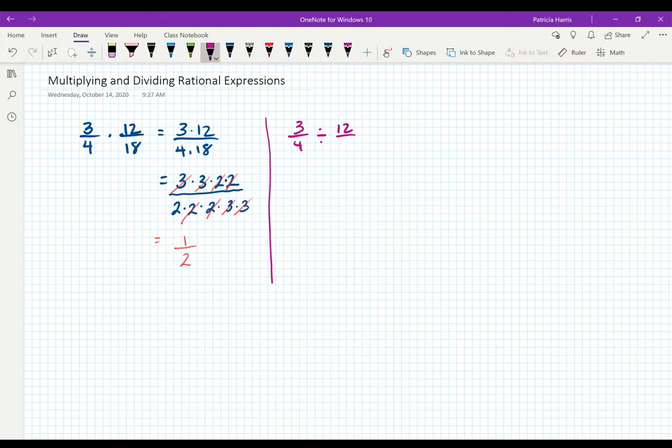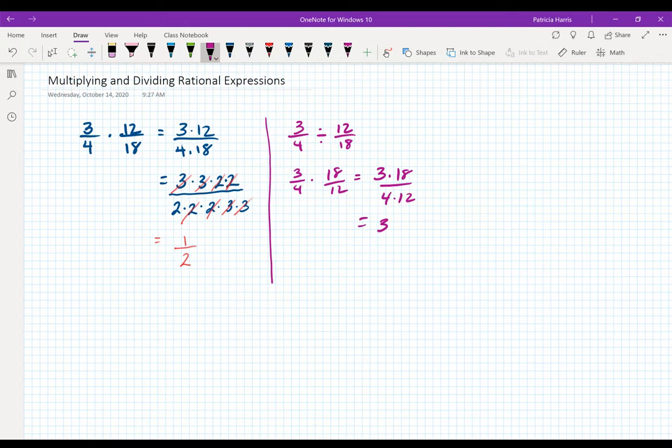We're actually going to change the problem by that definition of division, multiplication by a reciprocal. So we're going to multiply 3/4 by the reciprocal of 18/12. Then what we do is we do the same thing we did before. Again, we don't need a common denominator.